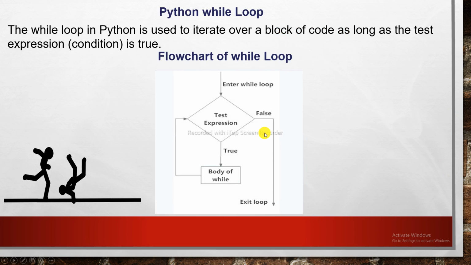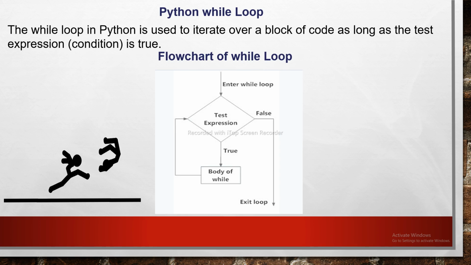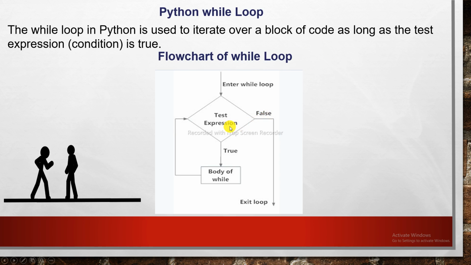This one is for the while loop. The previous one was the for loop, and here is the while loop. A while loop is used to iterate, meaning repeating over a block of code. It will test the expression.